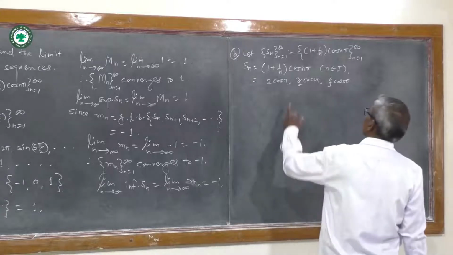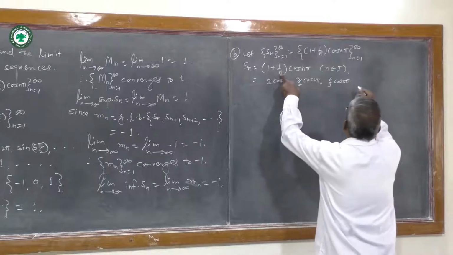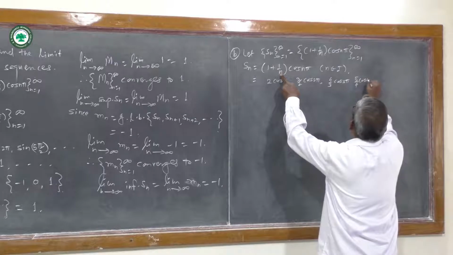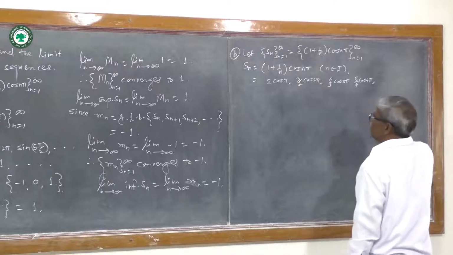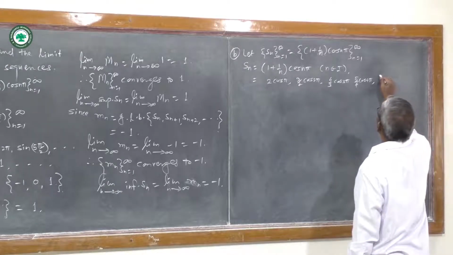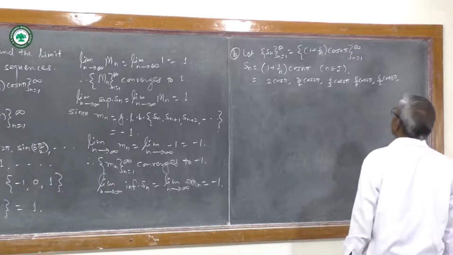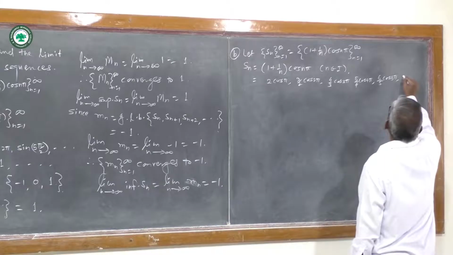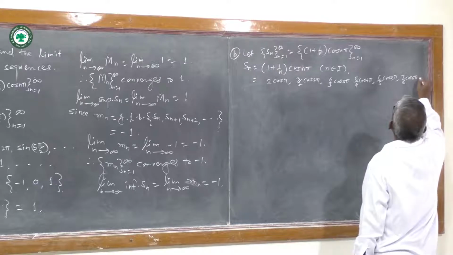For n is equal to 4, we obtain 5 by 4 into cos of 4 pi. Put n is equal to 5, it gives 6 by 5 into cos of 5 pi. For n is equal to 6, 7 by 6 into cos of 6 pi, and so on.